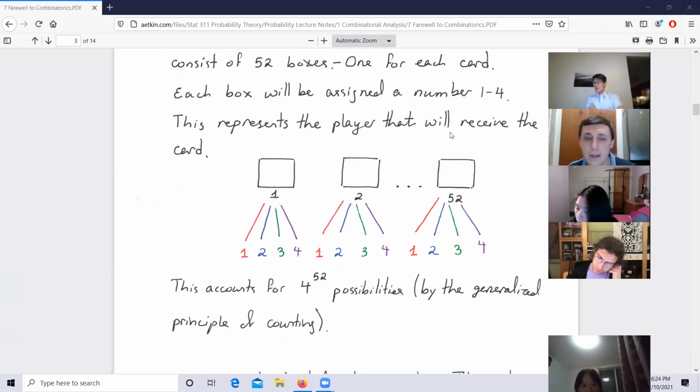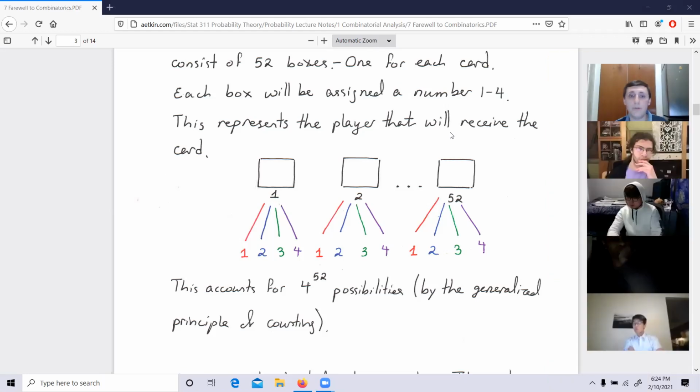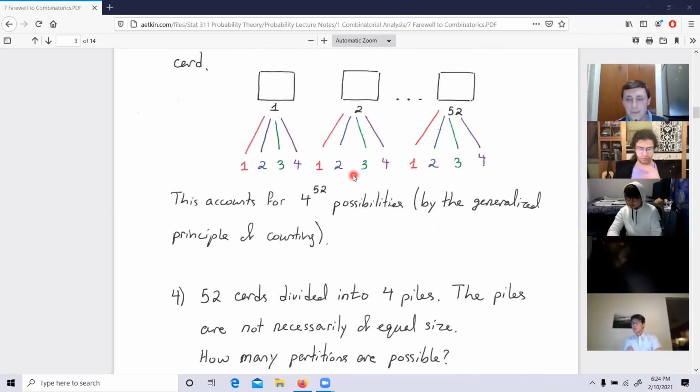The way I decide to allot the partition is that for each card, I decide individually which player it goes to, because I don't have to have equal piles. So it will be 4 to the power of 52.